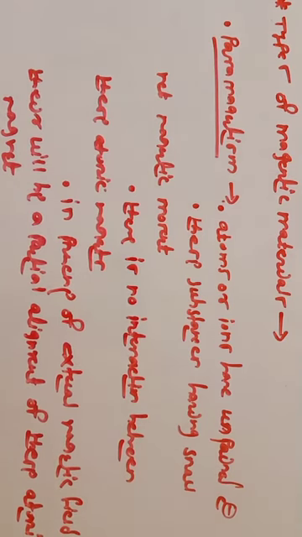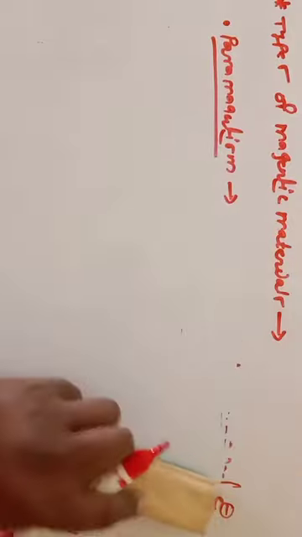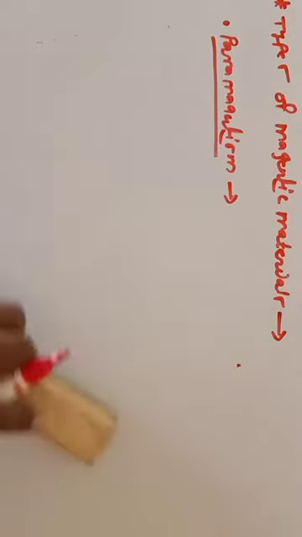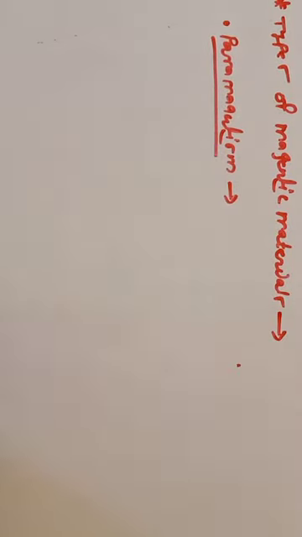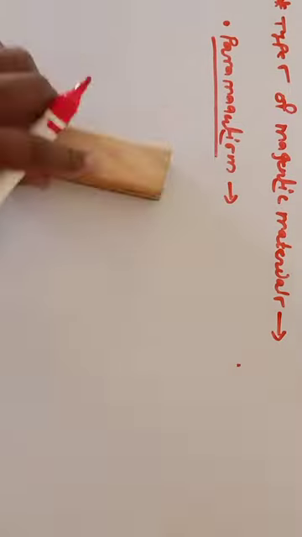So the next point is the partial alignment of this atomic magnet with the magnetic field, which results in a change in magnetic moment.